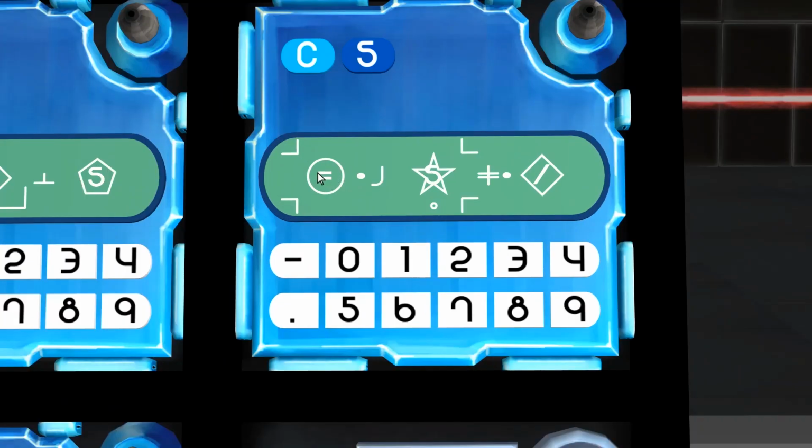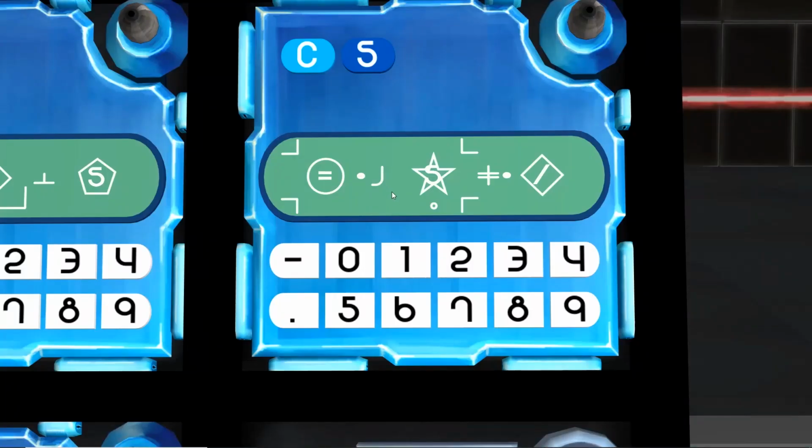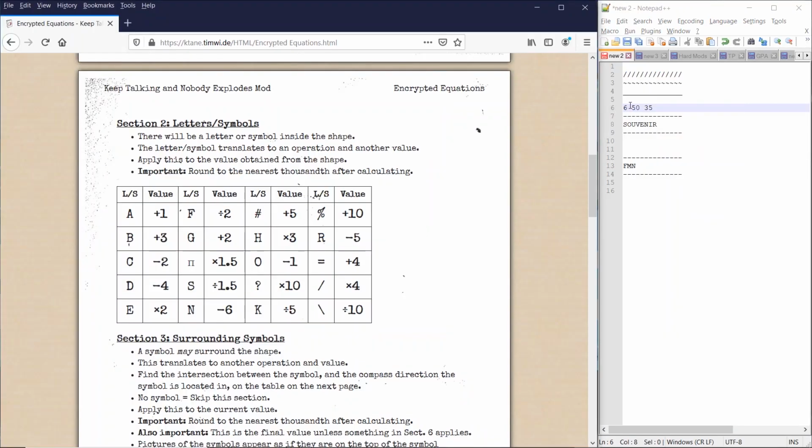Each letter will alter the shape's initial value by either adding, subtracting, dividing, or multiplying that value. So we have the letters of equals, south, and slash. For equals, we're going to add 4 to that value. So we're going to add 4 to the 6 to give us 10.